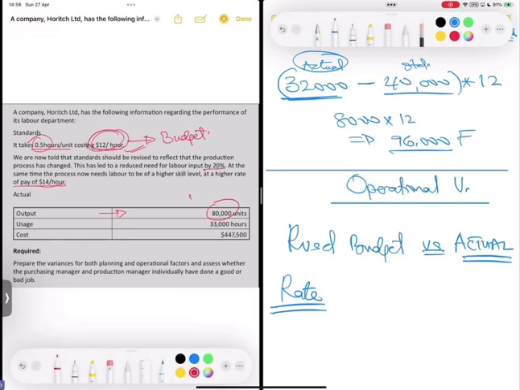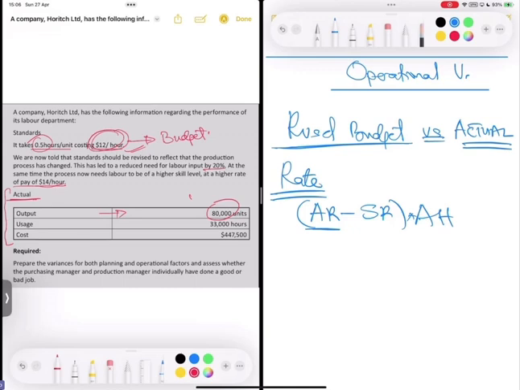Rate variance: have we paid more or less than the standard or the plan? Exactly. For those hours worked, have we paid a different rate other than what we planned for? Which could be less or more. But have we paid at a different rate? Because we're talking about rate variance.